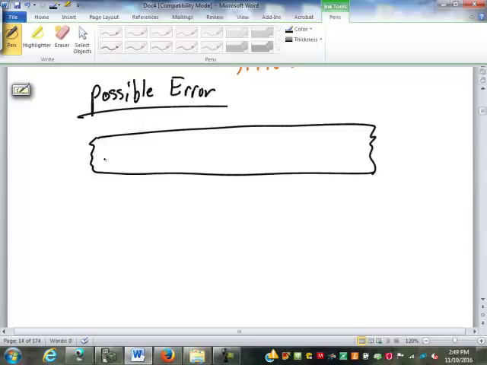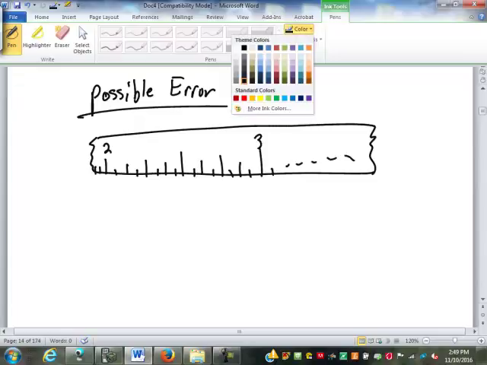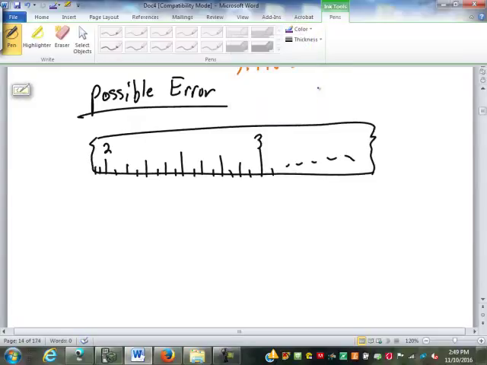So I'm just going to take a little piece of this measuring device. So looking at this, if I have an object using this ruler, and I get a measurement that I'm reporting at 2 1/8 inches.